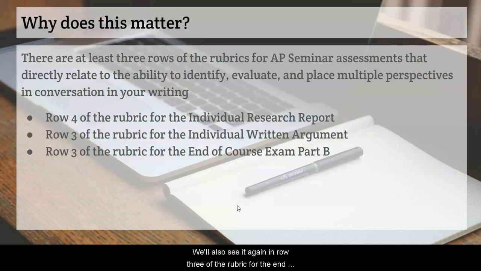We'll also see it again in row 3 of the rubric for the end of course exam part B, which I would like to remind you is the most valuable assessment in terms of its relative weight to your AP exam score.